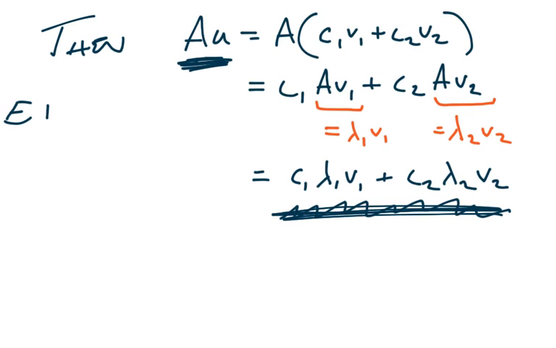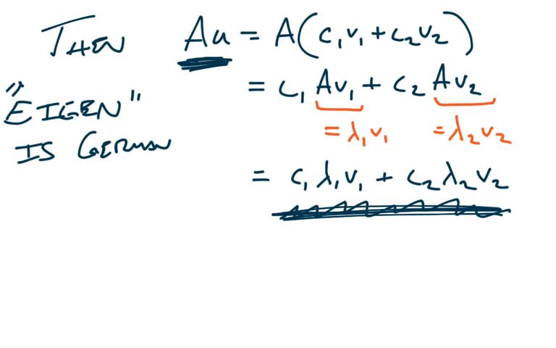Eigen, the prefix on eigenvector and eigenvalue. Eigen is German, and it has a lot of different possible translations. It means own or self, and the most commonly translated version is characteristic.